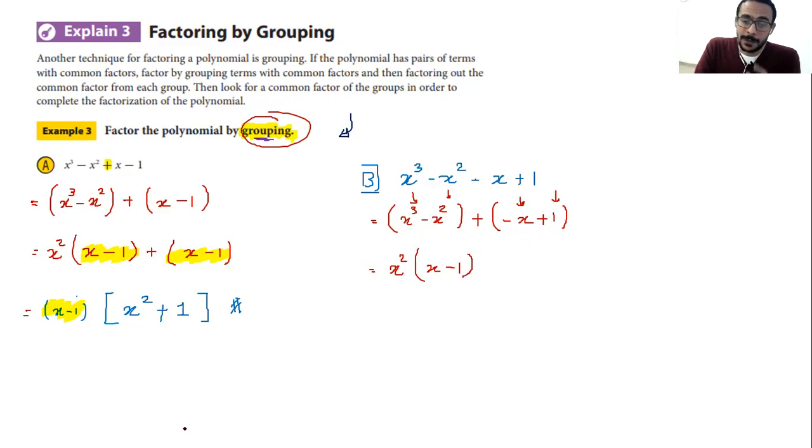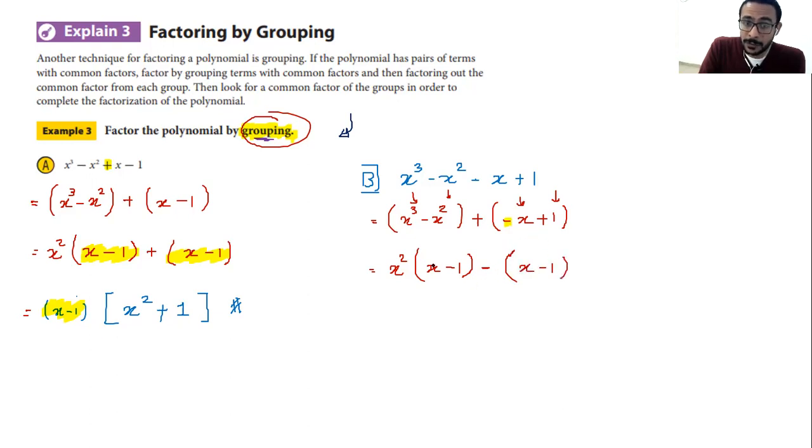Then focus with me. In the second parentheses, you can take the negative also as a greatest common factor, because the first term has a negative and the second term doesn't, so we can take the negative common factor. Why? So that it gives the same x minus 1. When I take the negative as the common factor, x minus 1.